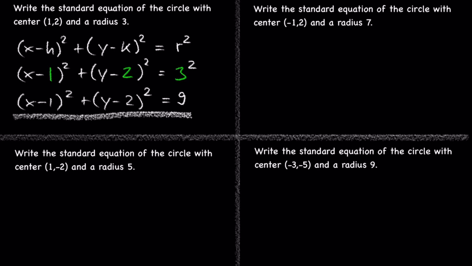Write the standard equation of the circle with center 1, -2 and the radius 5. Again, the standard equation of a circle is (x minus h) squared plus (y minus k) squared equals r squared. h is 1, k is -2 and r is 5.